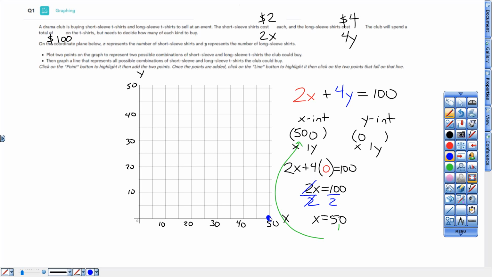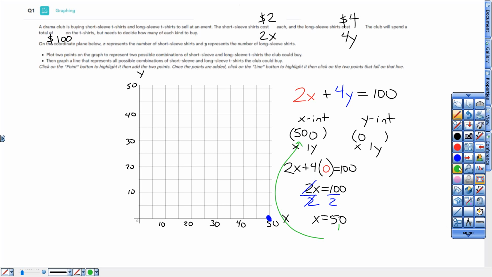All right, for the y-intercept, I'm going to take the 0 and plug it in to the x spot right here. And that's going to make this thing go away. So here I go. For this one, I have 2, plug in that 0 right here. Gives me 4y equals 100.